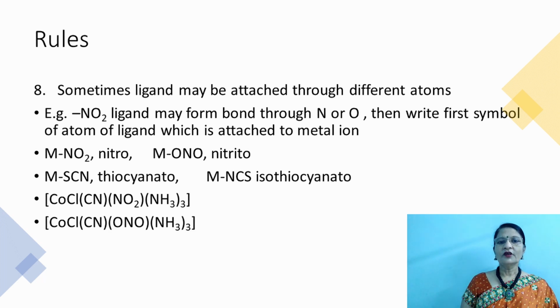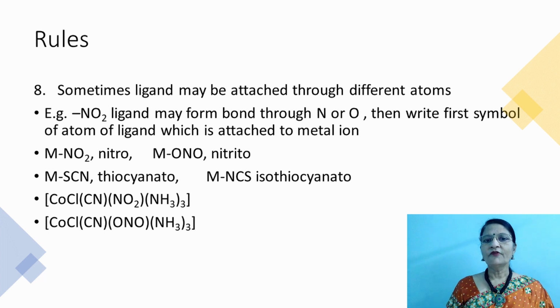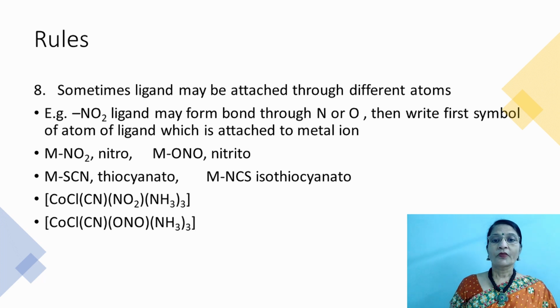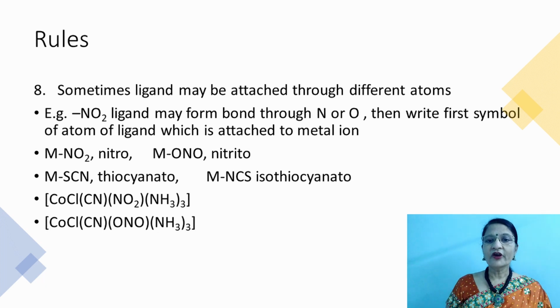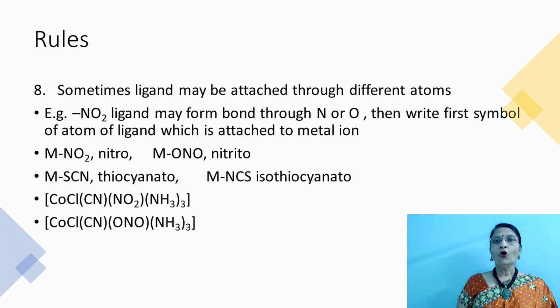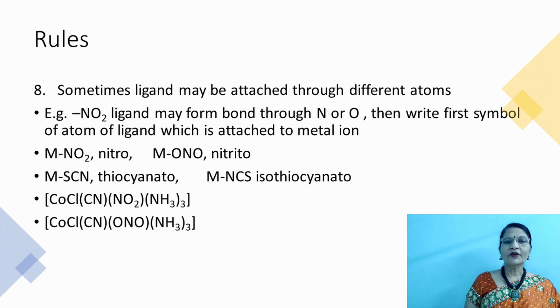In this case we can take the example of NO2. It is called nitro when it is attached through N, but when the NO2 is attached with the help of oxygen, then it is written as ONO. It is attached through the O, so it is written first O, then NO, and it is called nitrito. The same type of case occurs in another ligand, SCN.